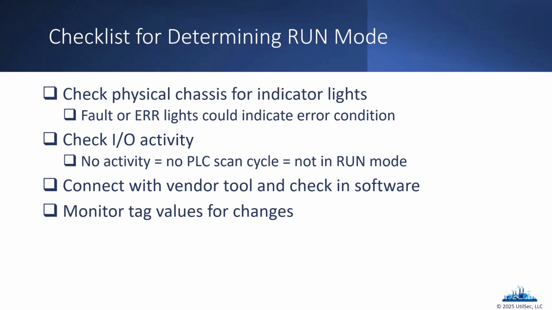Now if you have access to the vendor software, you can use that to connect to the controller, and that'll tell you what mode it's actually in. And we mentioned there's a lot of controllers that will store the operational run mode in a coil or potentially a register, to tell you what mode it's in.